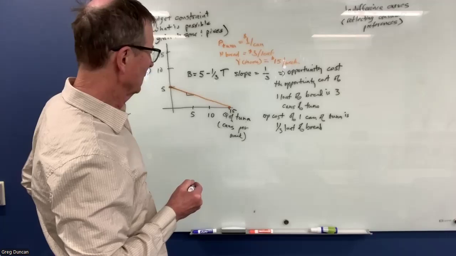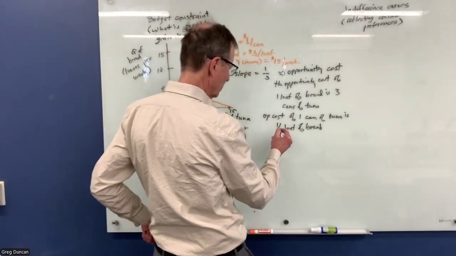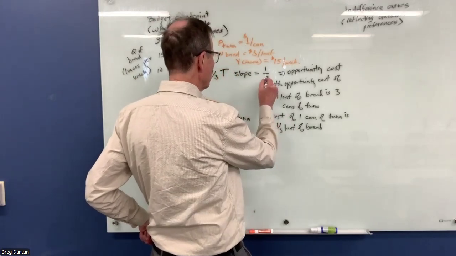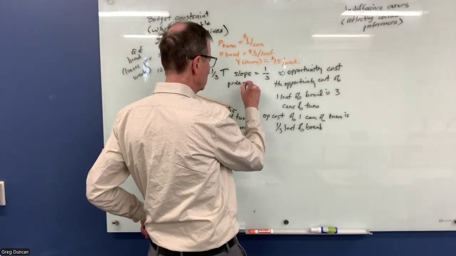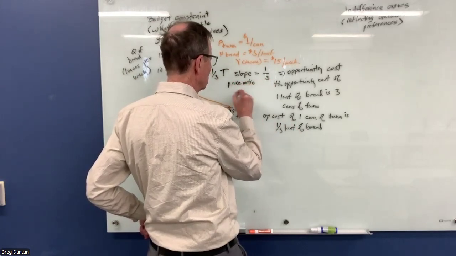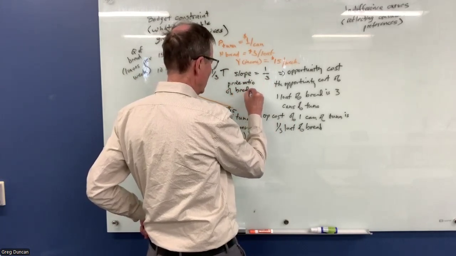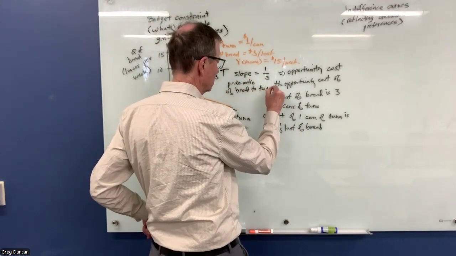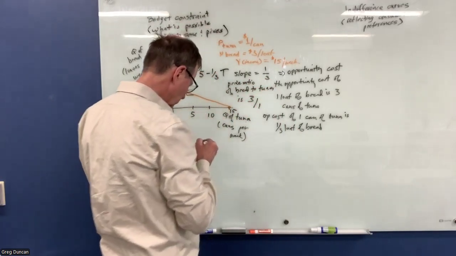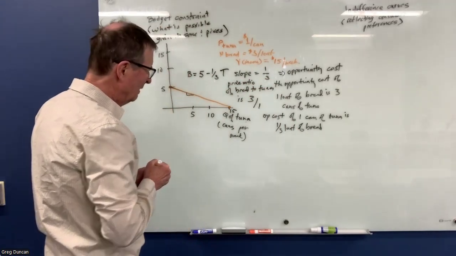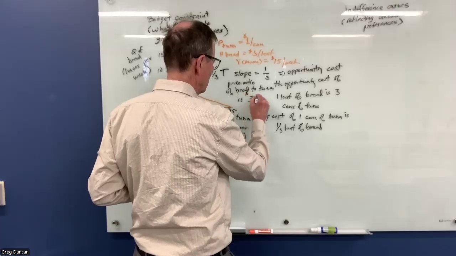This slope is reflecting opportunity cost, but notice the slope is 1/3, but the price ratio of bread to tuna is 3-to-1. $3 to $1.